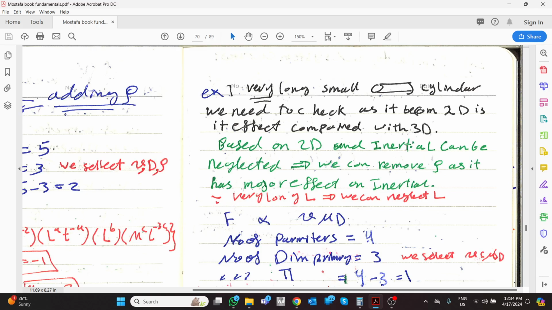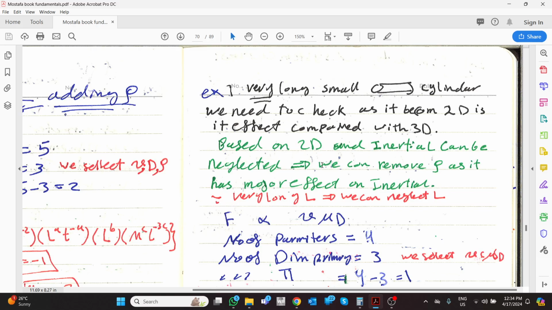What does this mean? Which means, can we assume or neglect the third dimension if I have a very long small cylinder? Is it okay to assume it is 2D, like a small rectangular plate, and to neglect this diameter?